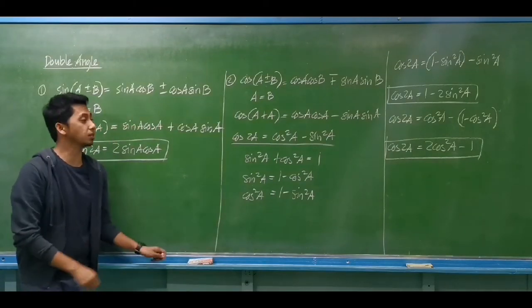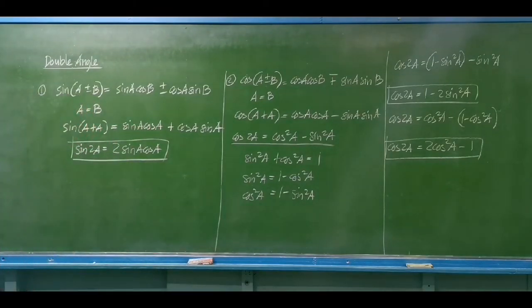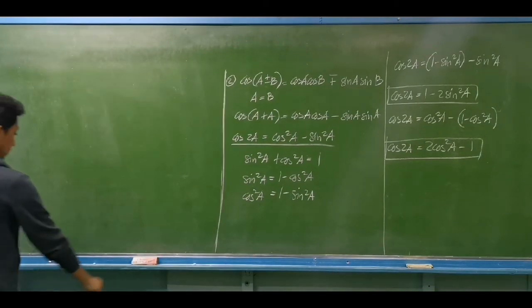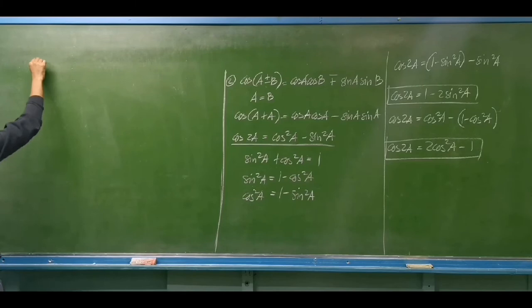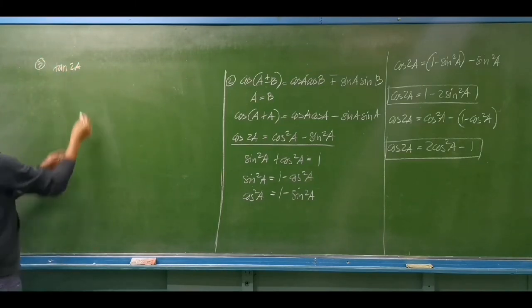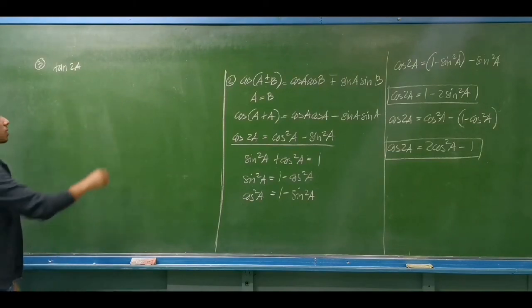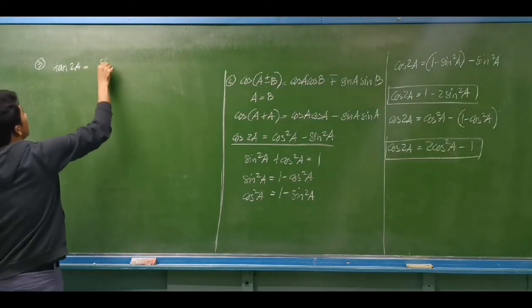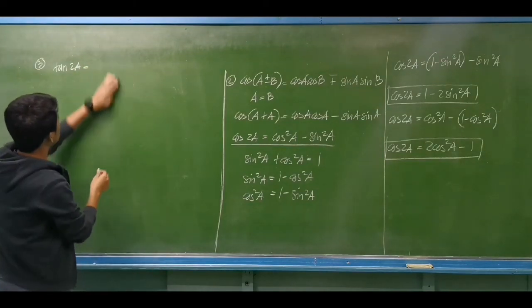Gawin naman natin yung tangent. Ay, para dun sa tangent, this is number 3. We have the tangent of 2A. So alam natin, diba equivalent ng tangent, automatic yun na sine over cosine.